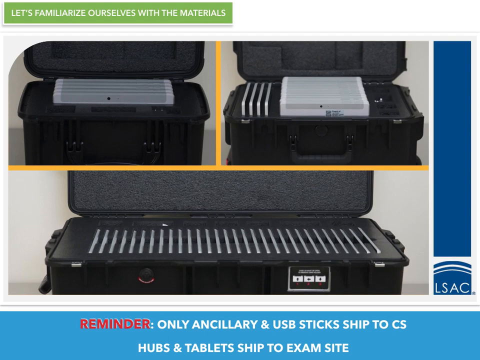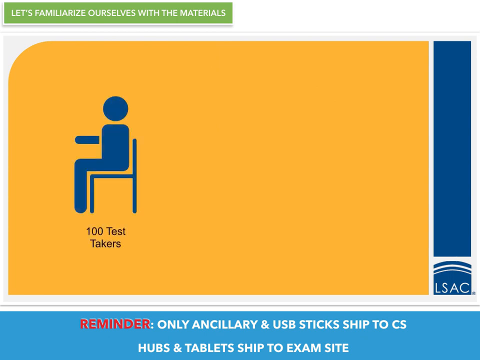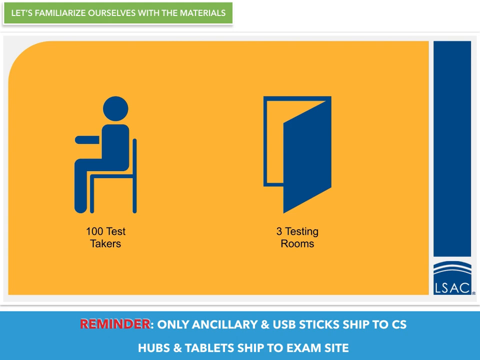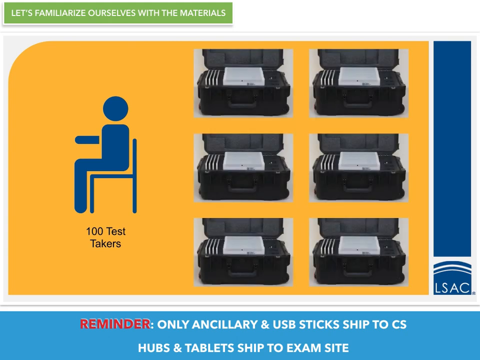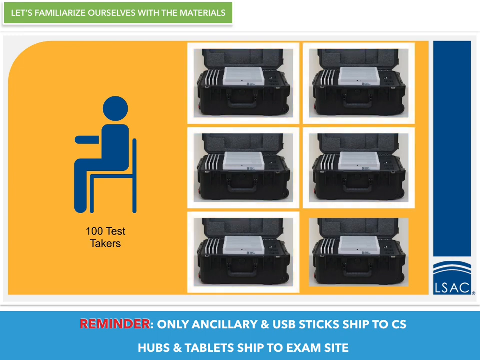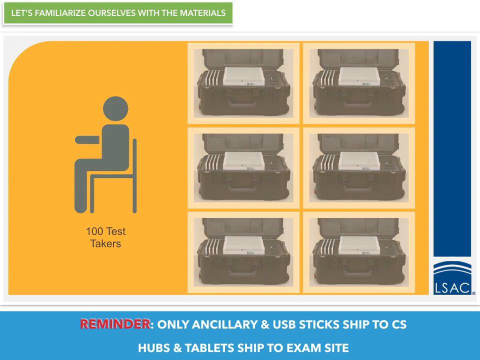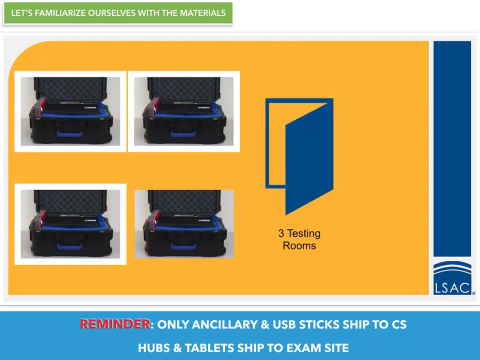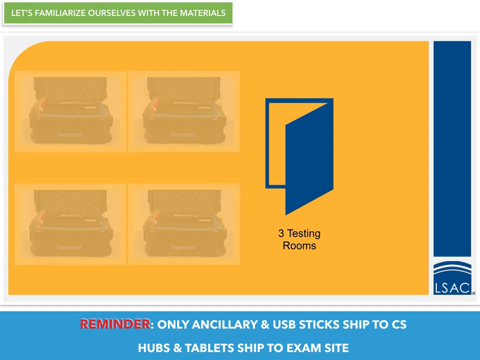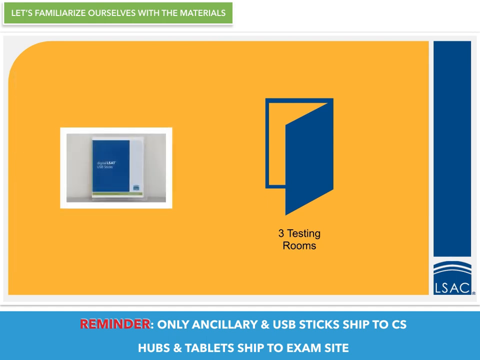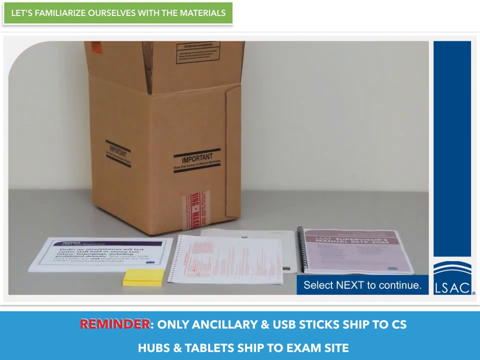For example, if there's a site that could hold up to 100 test takers with 3 testing rooms, it would receive the following equipment: 6 cases of tablets, that's 5 to accommodate the 100 test takers, plus a backup case, 4 hub cases, 1 hub for each testing room plus a backup for the center, 1 USB box that contains 1 USB stick for each testing room, as well as a box of ancillary materials.